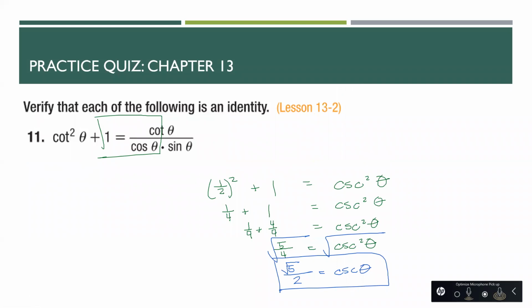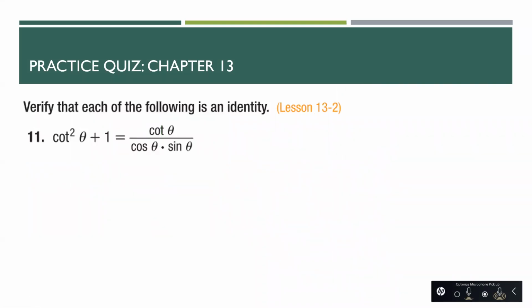All right, number 11 says to verify that each of the following is an identity, okay? So in other words, make sure that this side is equal to this side, okay? So first we have cotangent squared of theta plus 1 is equal to cotangent theta over cosecant times sine of theta. So first thing, cotangent squared of theta plus 1 is the Pythagorean identity, and it's equal to cosecant squared of theta, okay? And then we still have over here cotangent theta over cosine theta sine theta, okay?